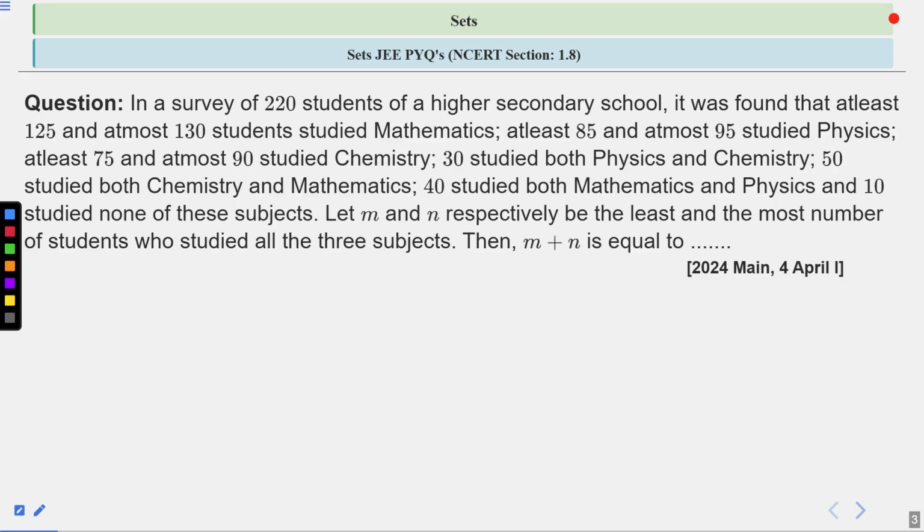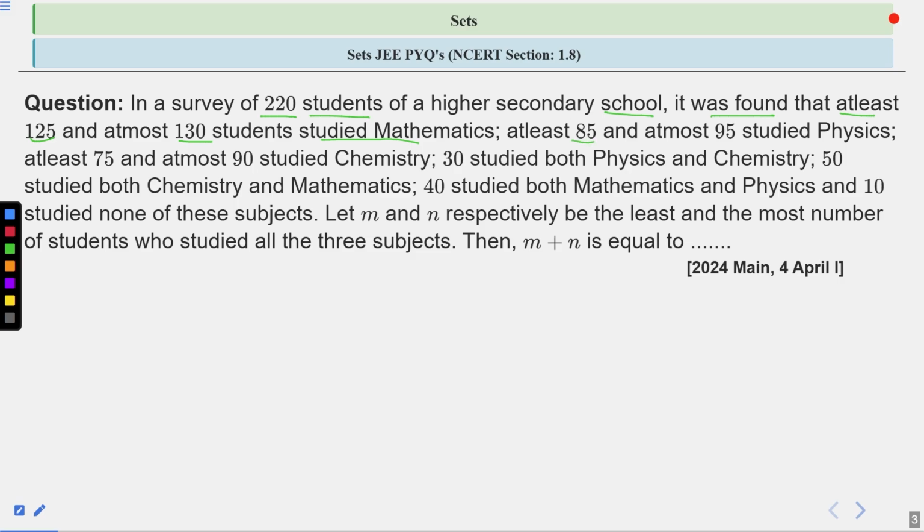So, here's our question. A bit lengthy, but an interesting question related to Venn diagram. In a survey of 220 students of a higher secondary school, it was found that at least 125 students studied mathematics and at most 130 students studied mathematics.